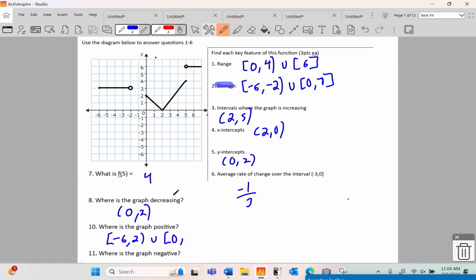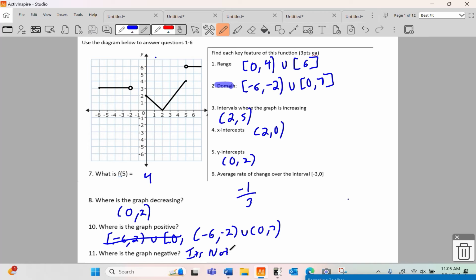And I should not be using brackets on that, forgive me. -6 to -2, union with 0 to 7. Brackets are only supposed to be for domain and range, although sometimes people do it with that. Where is she negative? Never. It's not.